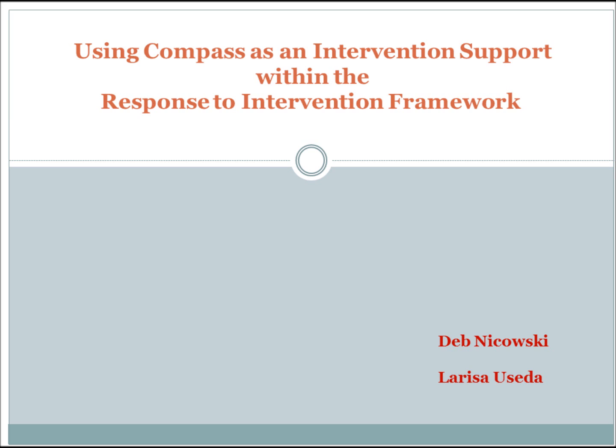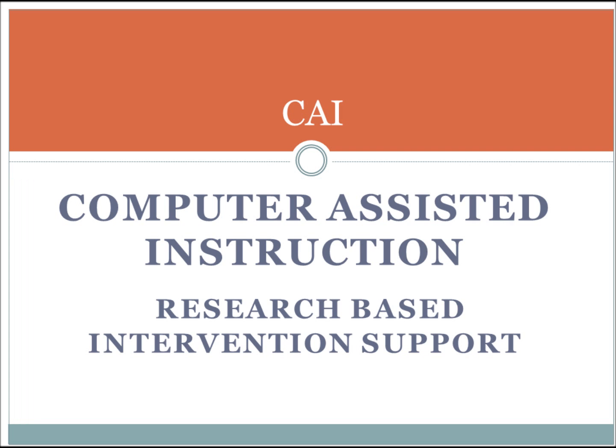And today we're going to give you some background on how to use Compass as interventions. So let's get started. For Compass to be used as an intervention, the research-based strategy is called Computer Assisted Instruction, or CAI. The computer-based program is considered the tool, but the research-based strategy is called Computer Assisted Instruction.